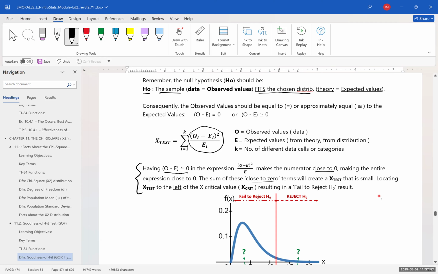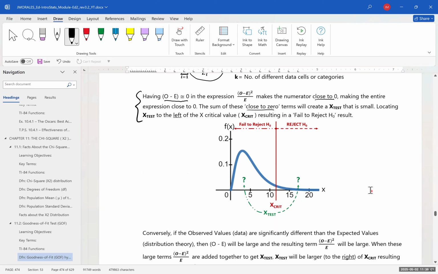I think you'll see that this looks familiar to other hypothesis tests that you've already done. Here we have an illustration of a chi-squared distribution. You can see we've got a chi critical value, and the critical value separates the significance level from the confidence level. The reject the null region is over the tail, and the fail to reject region is over the confidence level.